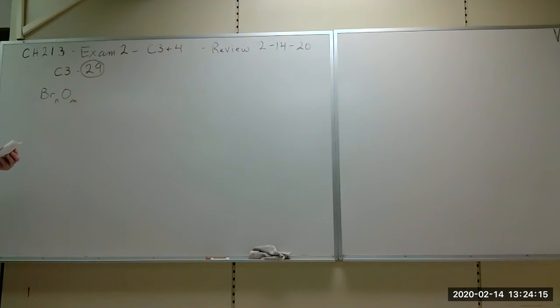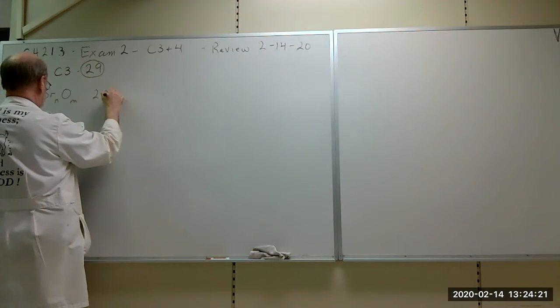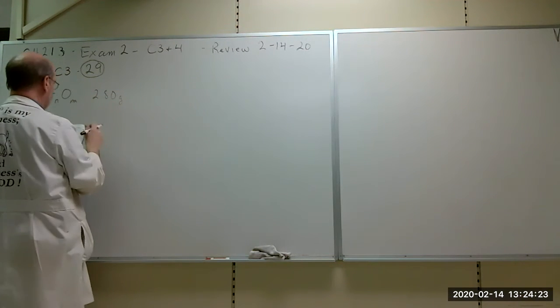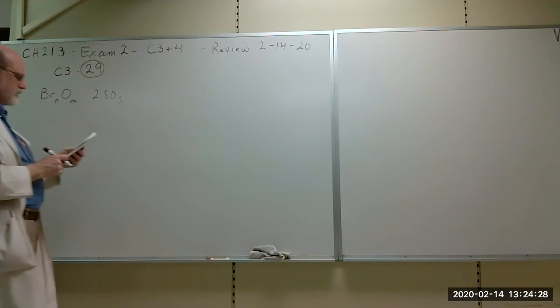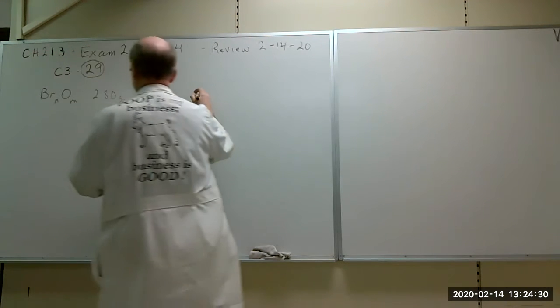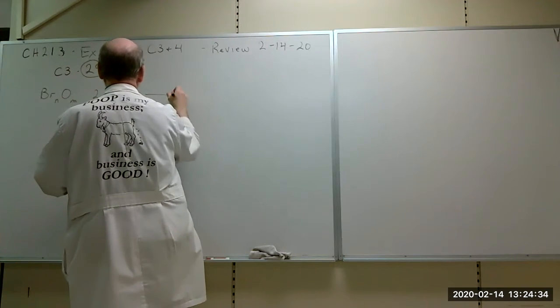That's all we can say at this point, an oxide of bromine. We have 2.80 grams of that, and that is converted to silver bromide by some reaction.